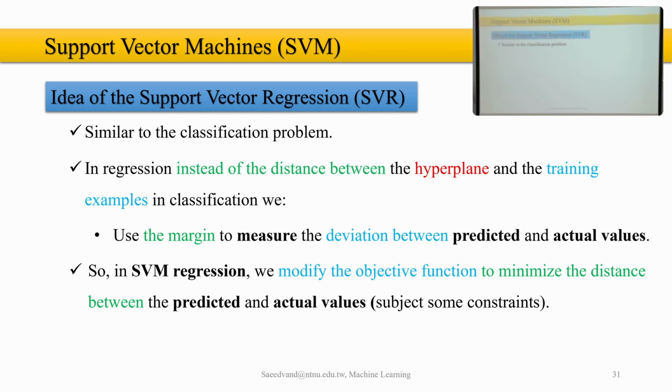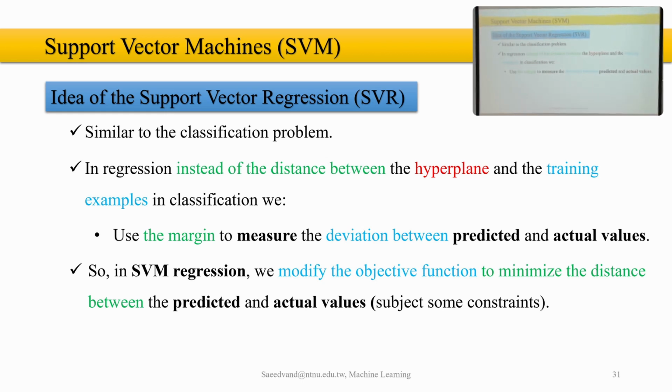Now let's look, we discussed classification. What if we want to use SVM for regression? What should we do? It is very similar to the classification problem. We do all the steps the same. In regression, instead of the distance between the hyperplane and training examples, we use the same margin to measure the deviation between predicted and actual value.